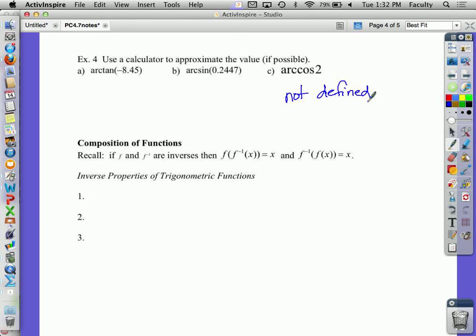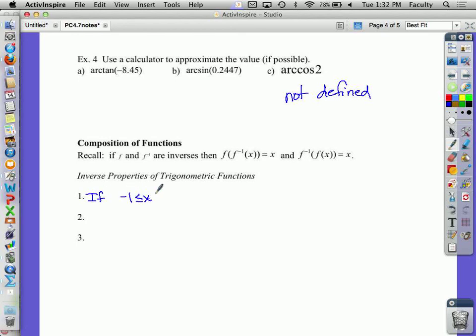All right, then we're going to look at composition of functions. It says recall if f and f inverse are inverses, then we remember from algebra 2 that f of f inverse of x is x, and f inverse of f of x is x. So we're going to use this to help us.